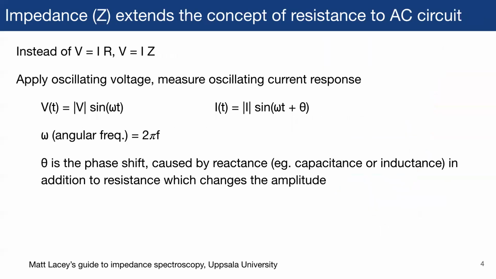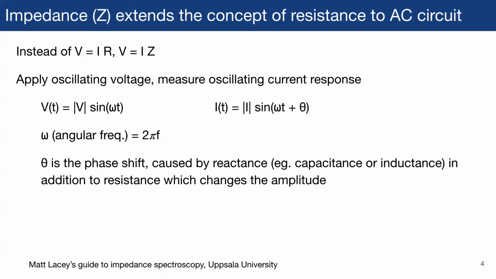So impedance is kind of difficult to understand until you just really see it as the analog of resistance in a direct current kind of system. So when we apply an oscillating voltage, we then measure the oscillating current response.